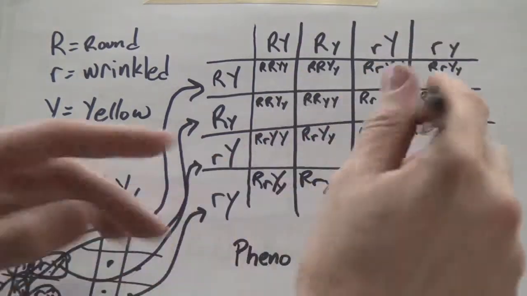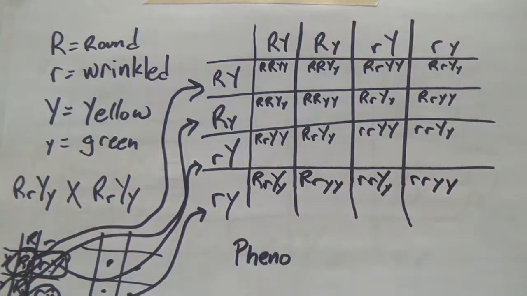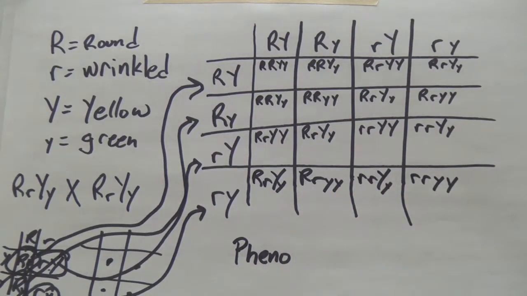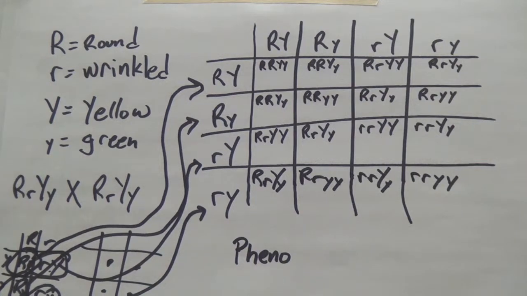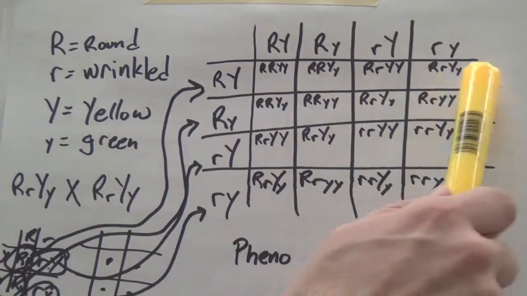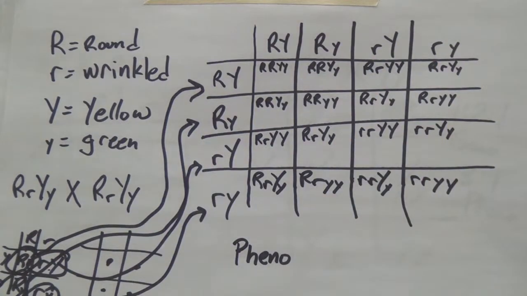It's the same sort of thing. Little r, little y. So it's different. Before, in the regular Punnett squares back here, we only had 4 different genotypes. When we have 2 traits being crossed together, we have 16 possible combinations, which means our ratio is going to be a little bit different.